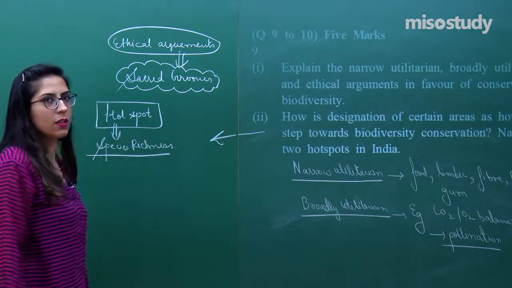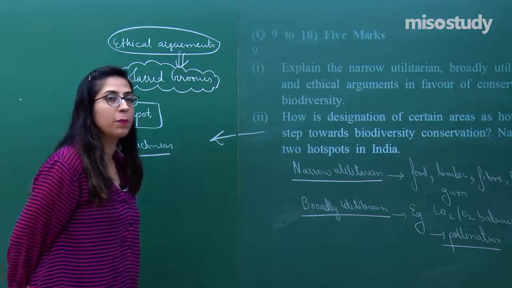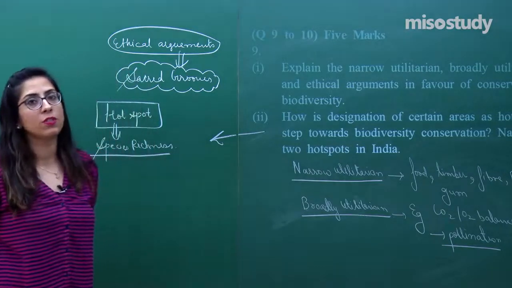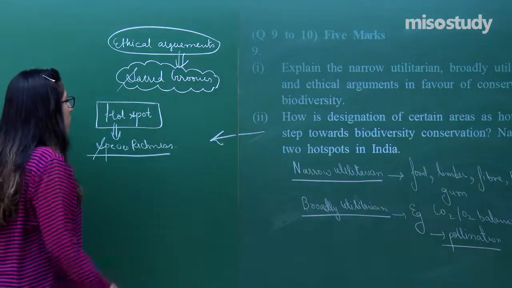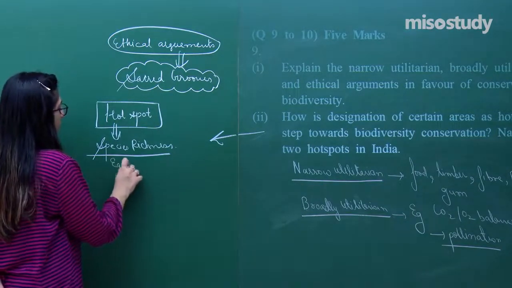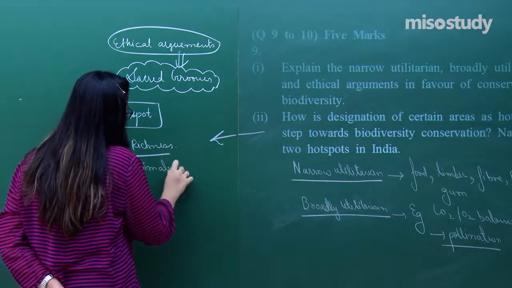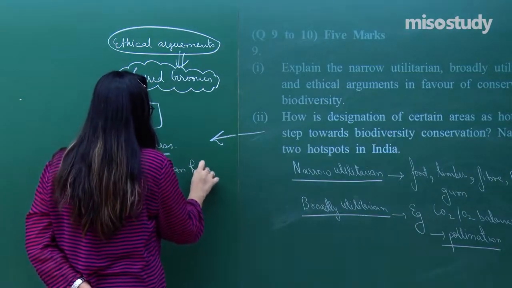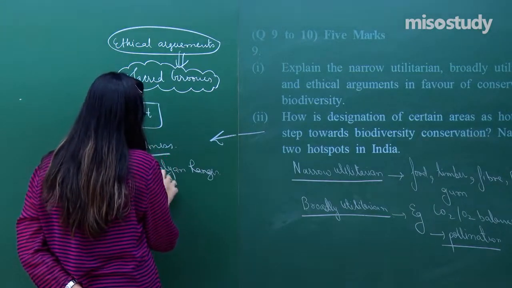They should be protected because the species richness and biodiversity is very high in those areas. You can talk about two examples. One is the Himalaya ranges, and second you can take the example of the Western Ghats.